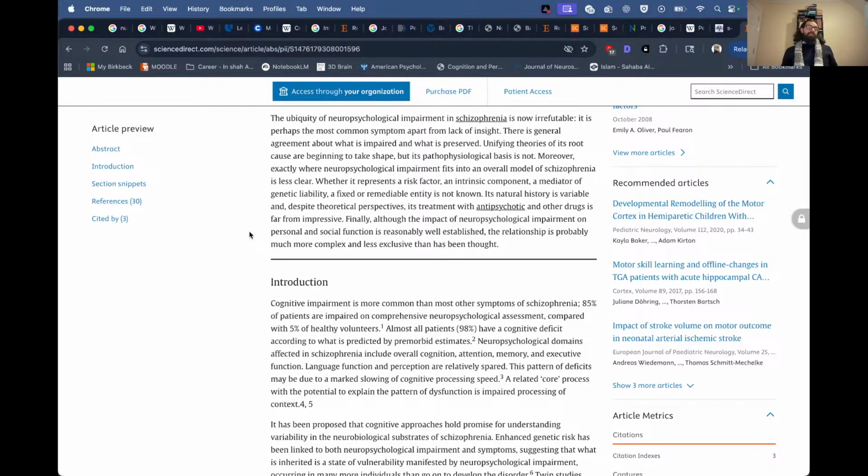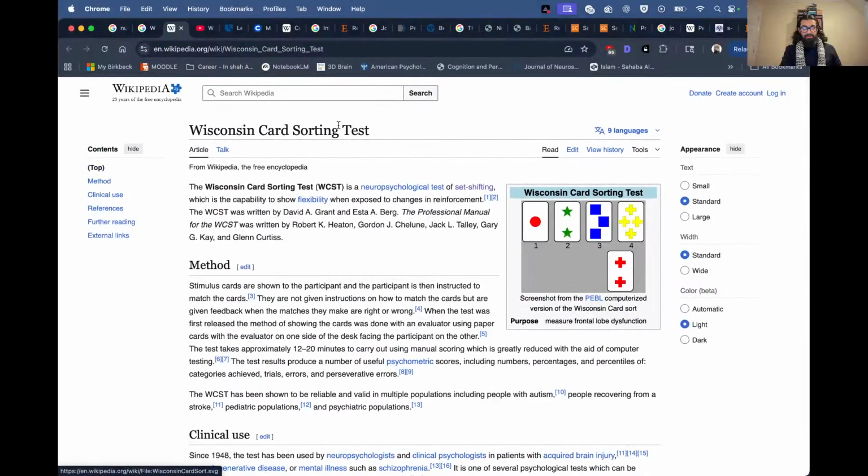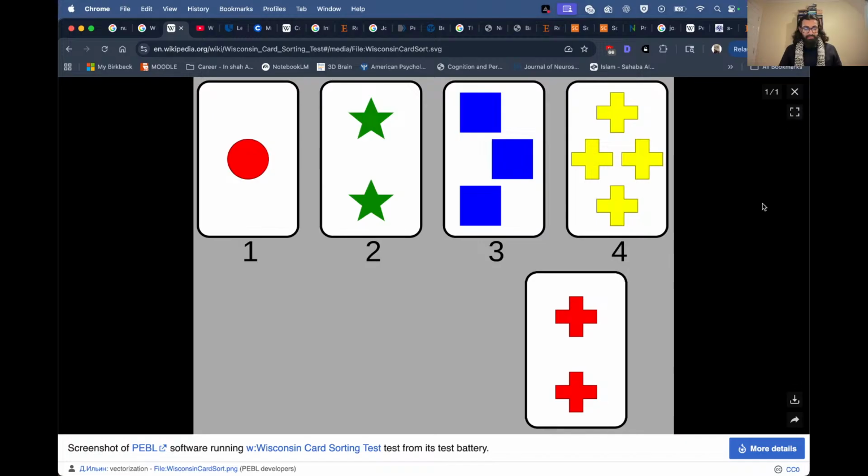Now, of course, there are limitations when it comes to this particular test. One of them is that it has low process purity and multiple cognitive demands. That is an issue because if it's low process purity, it will yield a high number of errors.